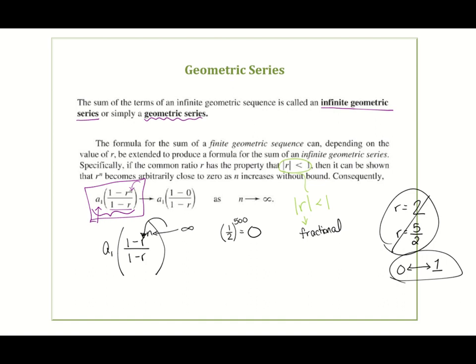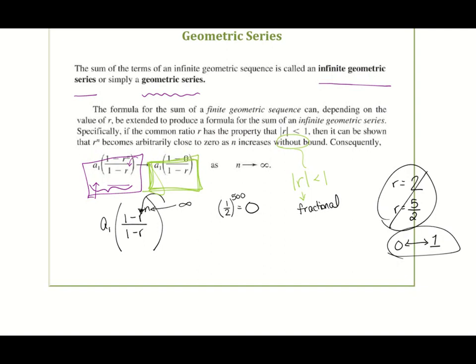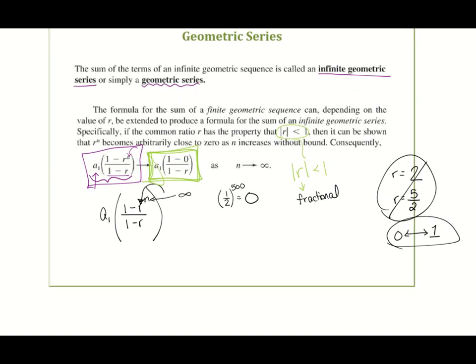So if we take that fraction and we raise it to a giant number, it's actually going to turn into a 0 and go away. That's where this formula right here is coming from. So we're going to take that formula right there and we're going to put it in words. And that's the formula we're going to use when we go to do a geometric sum when it is infinite.